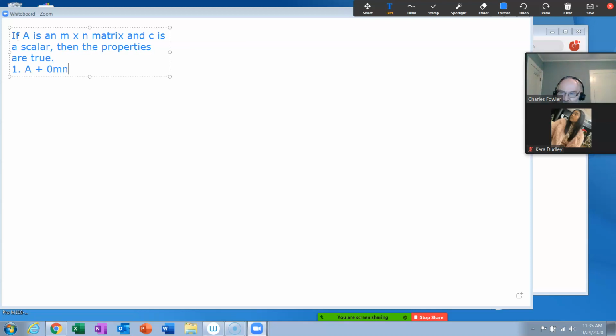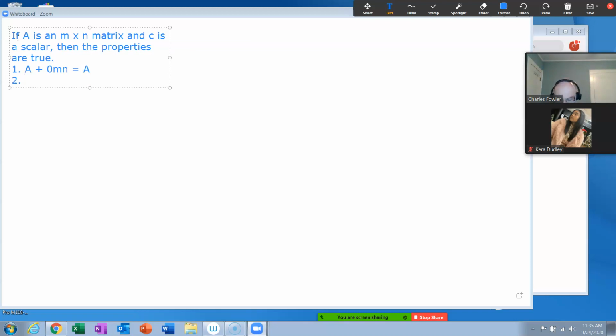So those are supposed to be subscripted m and n. So that's a capital 0, would have been a bold 0 if I could do a bold. But anyway, any m by n matrix A plus an m by n zero matrix is always going to be the original matrix A.